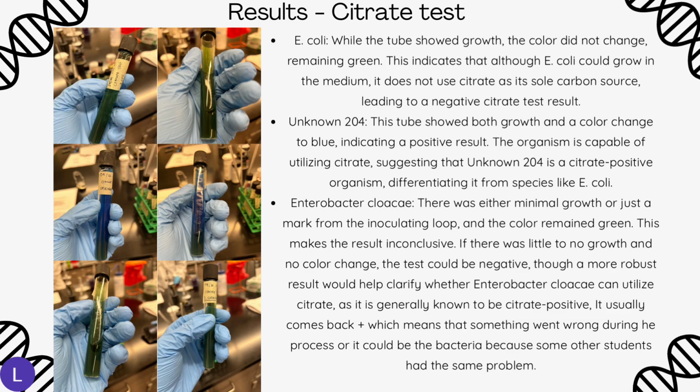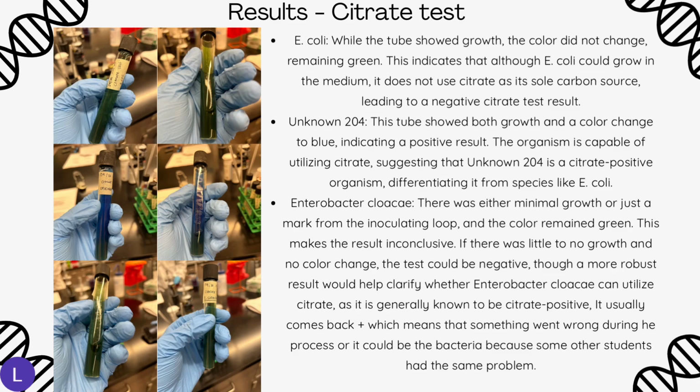Lastly, Enterobacter cloacae: we could see minimal growth, but we don't know if that's growth or just the marks of the loop that was used to inoculate. We also see that the color remained green, which makes the result inconclusive, because Enterobacter cloacae utilizes citrate, as it is generally known to be citrate positive, which usually comes back with a positive result.